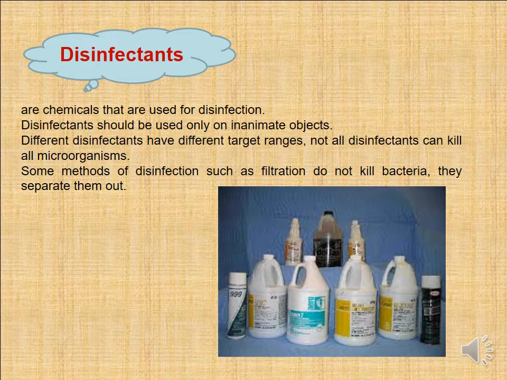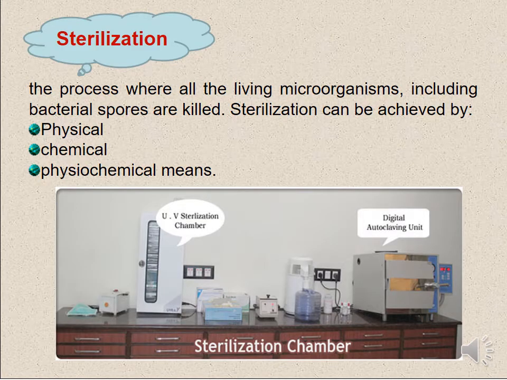Some methods of disinfection, such as filtration, don't kill bacteria; they separate them out from the objects that need to be disinfected. Disinfection is for a liquid, for gas, for a solid object like a stainless steel instrument, and for hand or mouthwash.